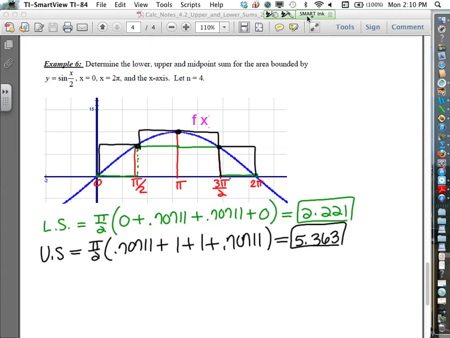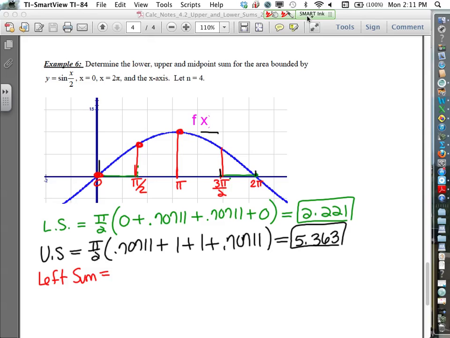All right, now look at this one. What's a little bit different is the left sum and the right sum. It's not one or the other. It's actually kind of a combination of both of them. So there are my intervals. The left sum uses just the left endpoints. In this interval, I'm using this left endpoint.